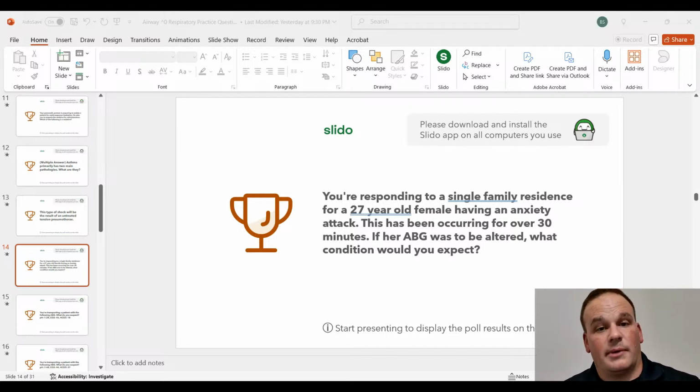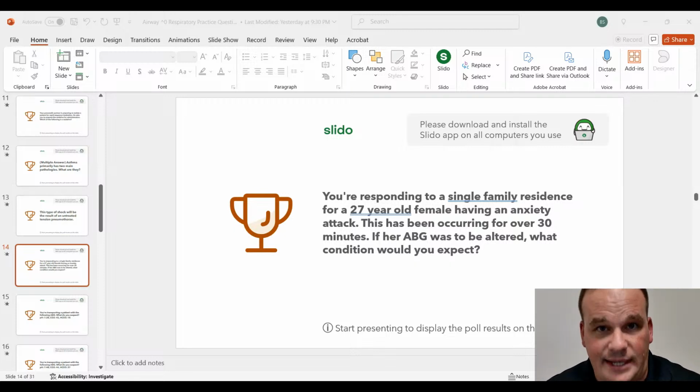So now let's look at my respiratory and my metabolic components to see if we can figure it out. CO2 is 45. My normal CO2 range is 35 to 45, so that is within a normal range. My HCO3 is 18. My normal HCO3 range is 22 to 26, so that is certainly below normal.